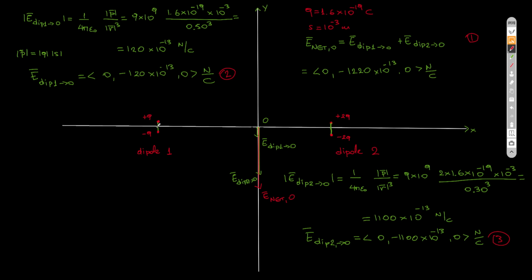If you do not remember how the electric field around the dipole looks, simply break it down into two steps like I did for dipole 1. Find the direction of the electric field at O from one charge, then find the direction from the other charge and add the two, and that will help you write the electric field vectors. And when you have all the electric field vectors that you need, add them together to find the net electric field.